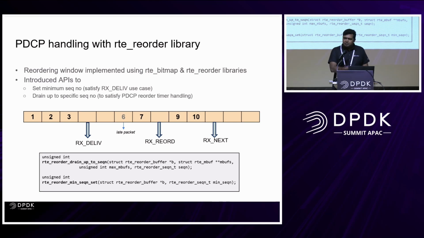So if you look at the window, let's say the DPDK application decides that it wants to drain up to packet number 7. Then it can just call this API with the sequence number as 8, I believe, and the reorder library will give back all the packets. And the second API is to set the min sequence number. As I mentioned earlier, this is just to make sure that the missing packets get accepted.